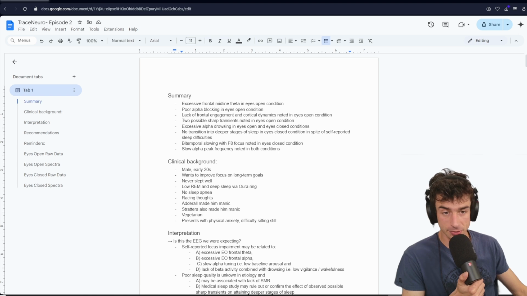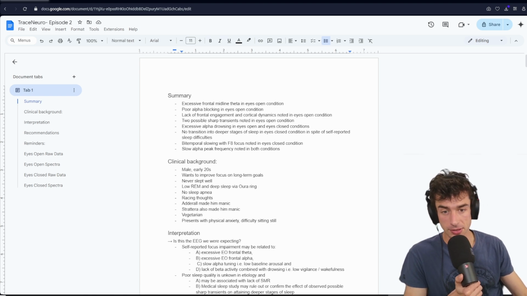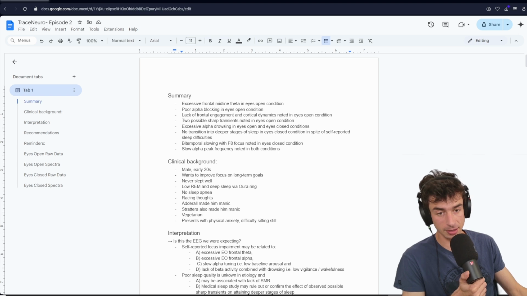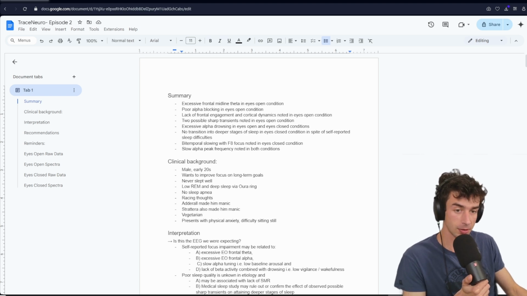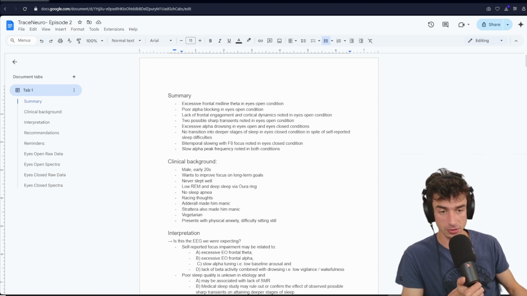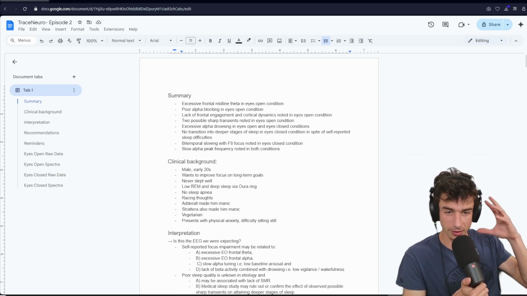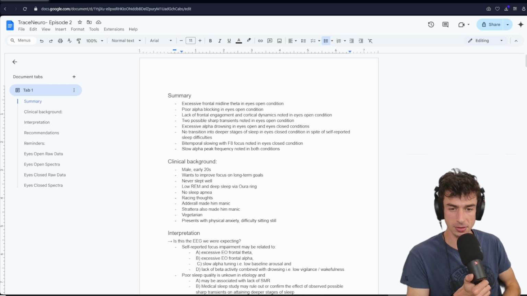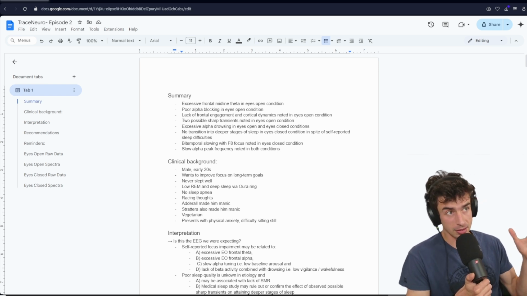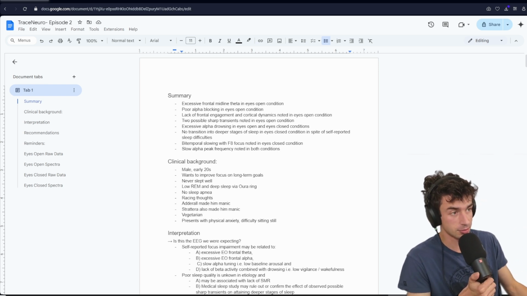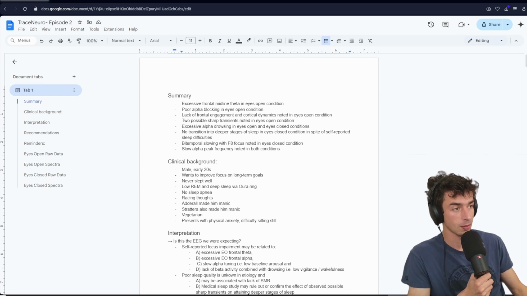We saw lots of drowsiness in both conditions. And we also didn't see transition into deeper stages of sleep in eyes closed, which could be meaningful and could also not. We saw that bitemporal slowing, especially around F8 in the eyes closed, and we see a slow alpha peak, right?